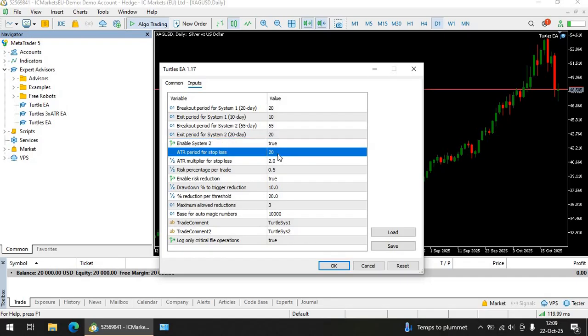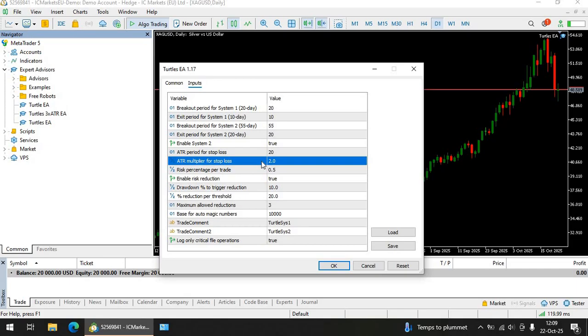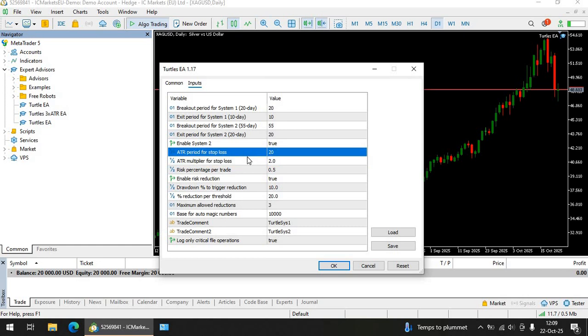Here is the ATR period for stop loss and the ATR multiplier for stop loss. Again, this ATR period I recommend you to leave at 20.